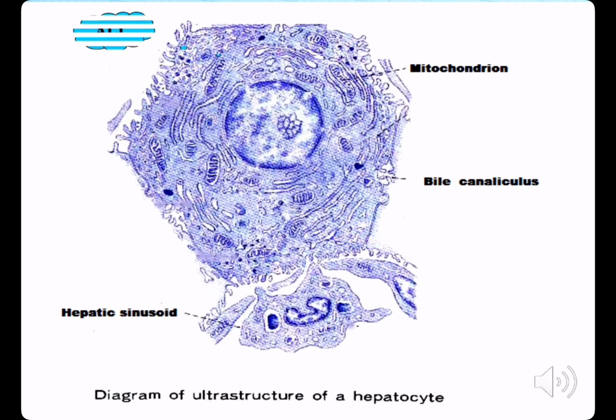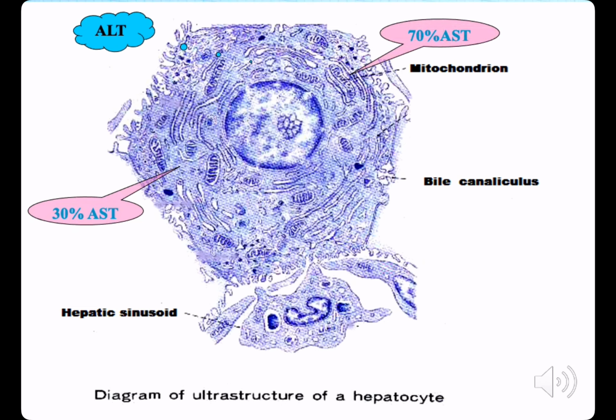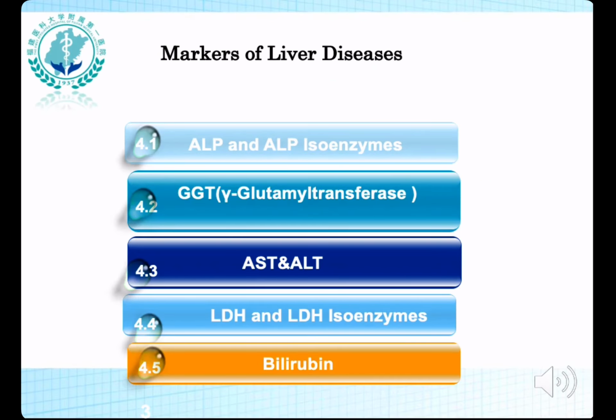And this is the diagram of the outer structure of a hepatocyte. We can see that different enzymes exist in different parts of a hepatocyte. And these markers are what we are going to talk about next: ALP and ALP isoenzymes, GGT, AST and ALT, LDH and LDH isoenzymes, and bilirubin.